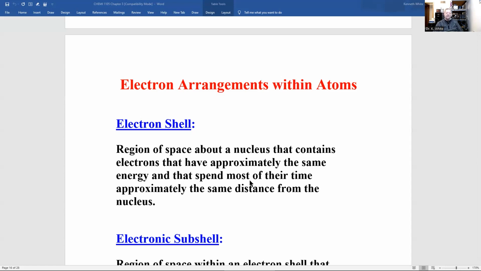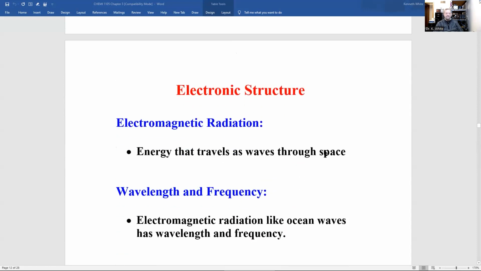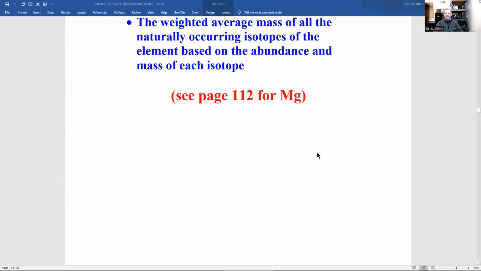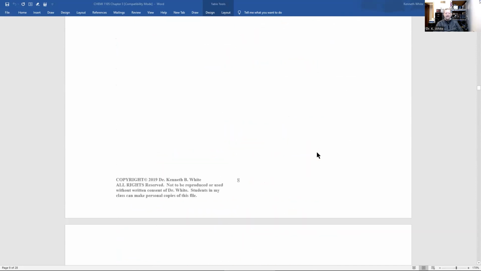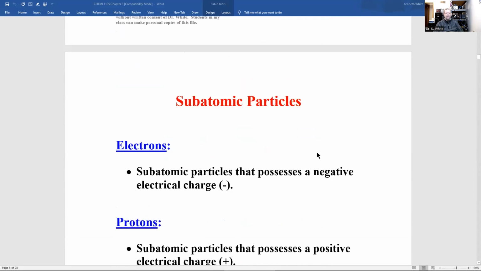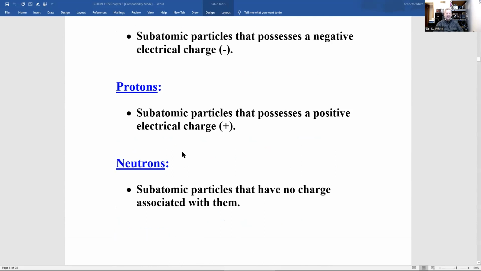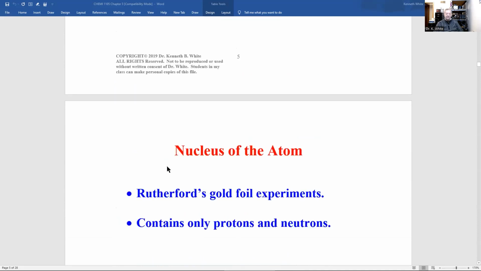Remember, an atom is the smallest particle of an element with all the characteristics of that element. And a quick review. We have subatomic particles, the particles that make up an atom of an element. Those are the electrons with a negative charge, protons, positive charge, and neutrons, no charge.